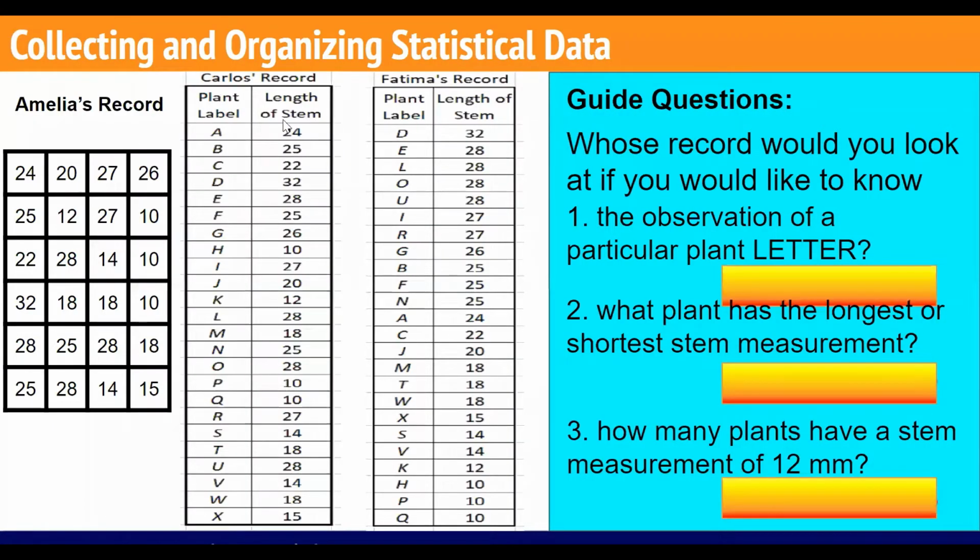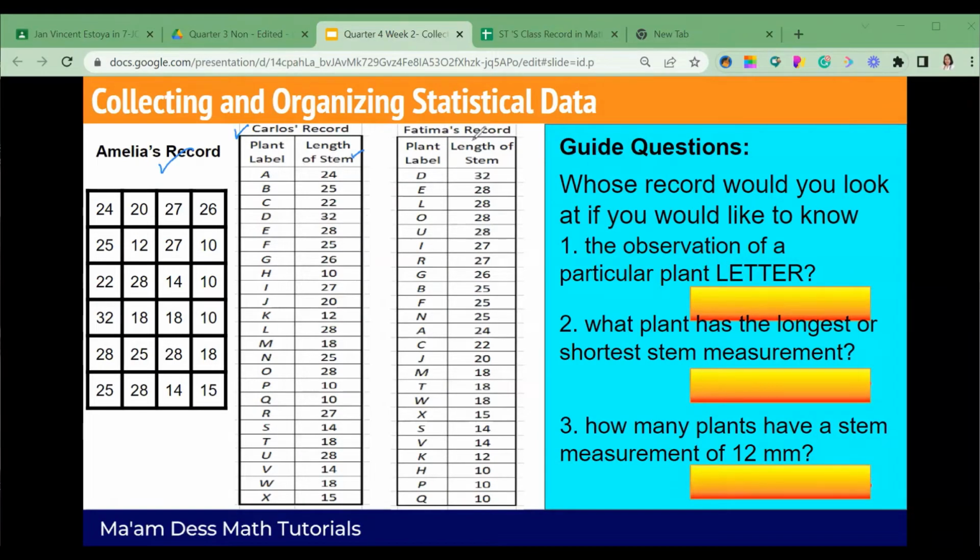Okay, for Carlos' record, he used the plant label. It is arranged from A to X, or in alphabetical order. And then the second column is the length of stem of the mango seeds. Okay, next for Fatima, she also put the plant label, the letters, and then the length of stem.